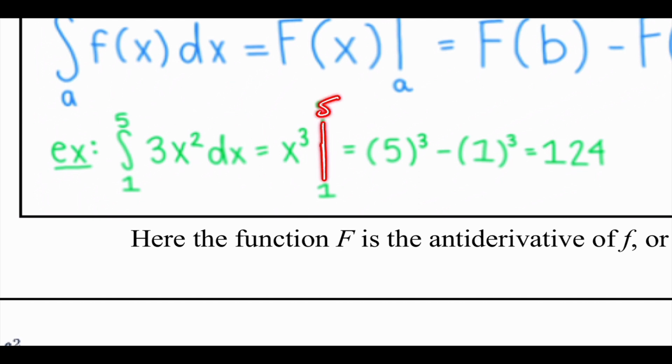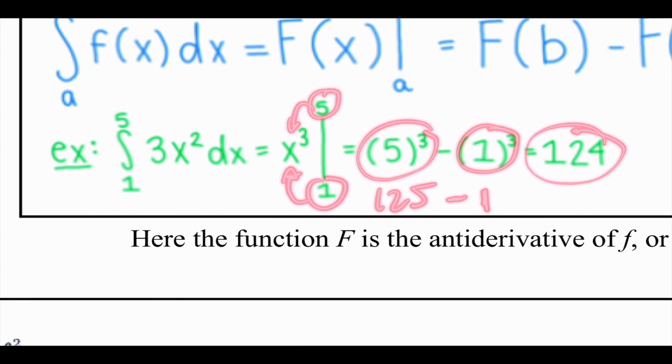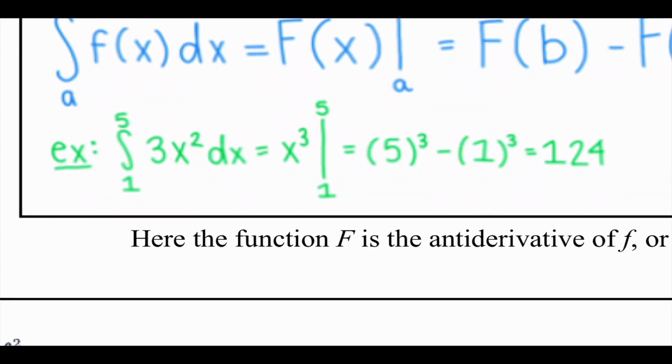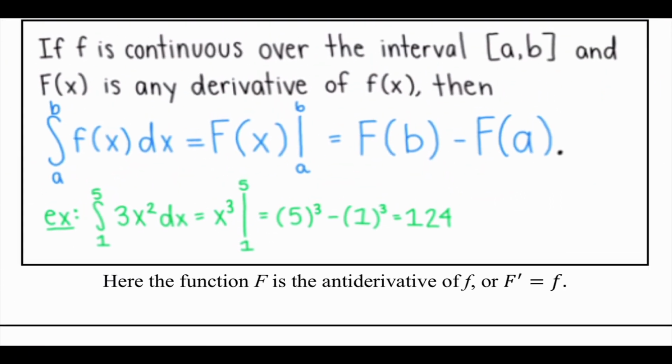And then evaluate from 5 to 1. So I plug in 5 for x, plug in 1 for x. I get 125 and I get 1, so I subtract them and I get 124. That's it. That's the area under the curve from 1 to 5. That's called the fundamental theorem of calculus. That's exactly what it is.